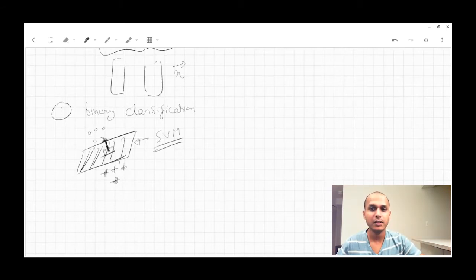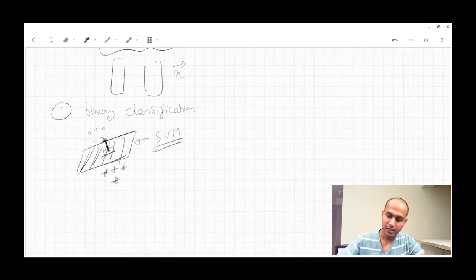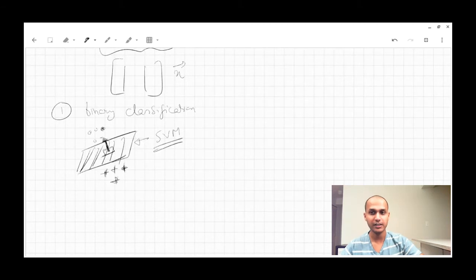And then we can ask about the directionality of this plus point, the direction in which the plus point lies, and how it is different from the direction in which this circle lies. You'll see that those two directions are going to be far away from each other, whereas the directions of two plus points would be very close to each other. So that's something that a dot product can tell you.